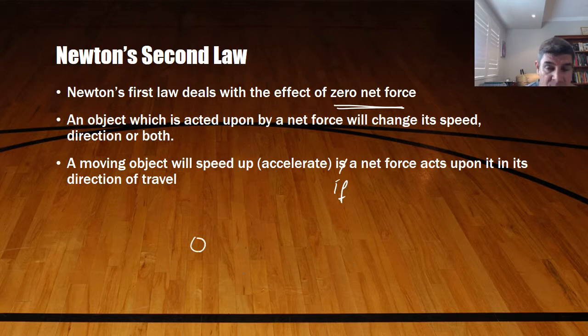So we can ensure that our car, for example, speeds up if we apply a force in the direction of its motion. So if it's already moving to the right and we add an additional force of 5 newtons, then we're going to accelerate that object towards the right. That means that it's going to speed up, or it's actually going to start moving if it's at rest, or if it's already moving, its speed will increase.